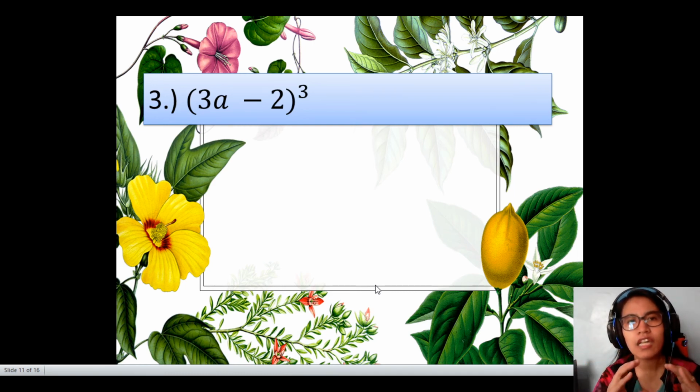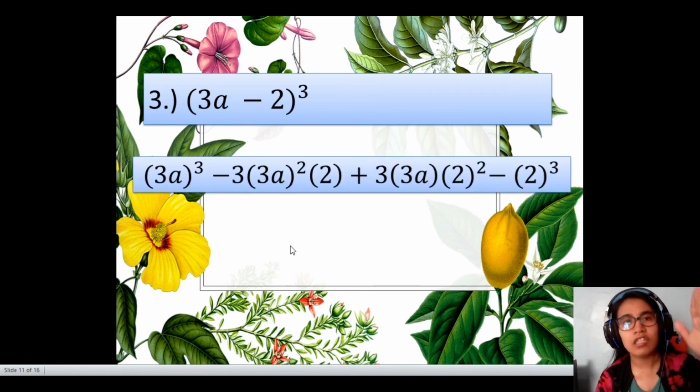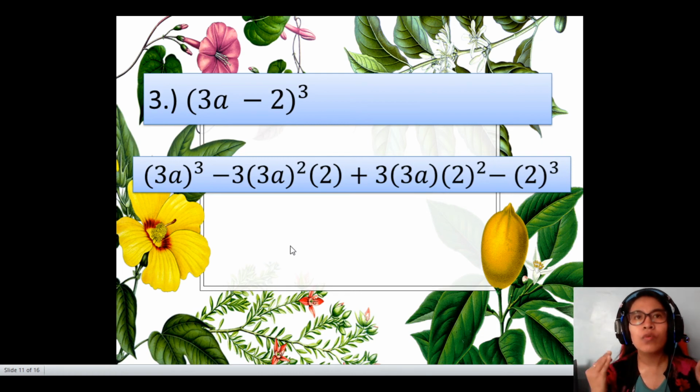So that is (3a) cubed plus, no, minus, since it should be alternate. This is what I said: when your given is negative, your final answer should have alternating signs. Positive, negative, positive, negative. This time we follow that as a pattern.